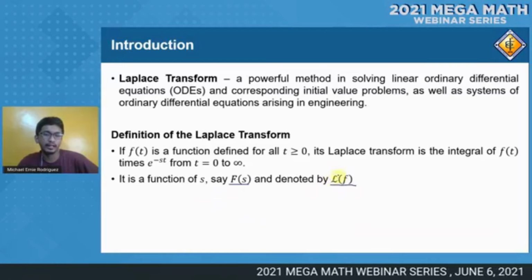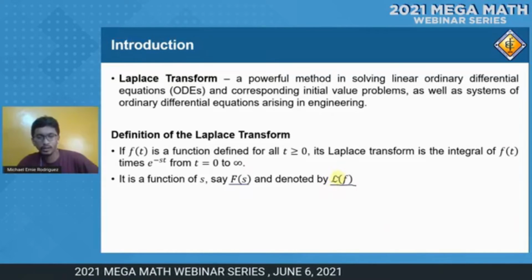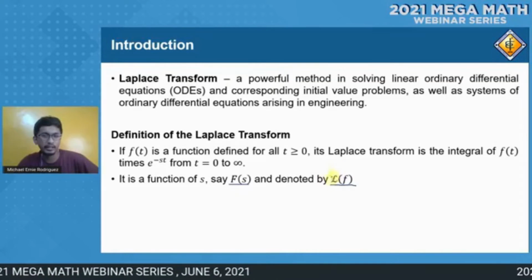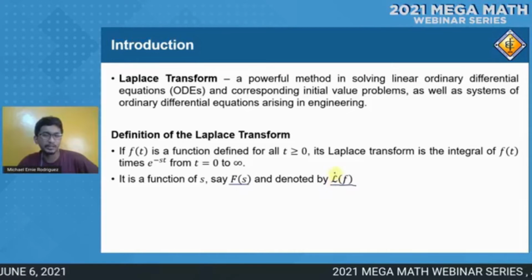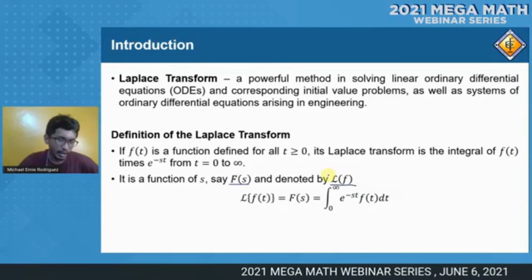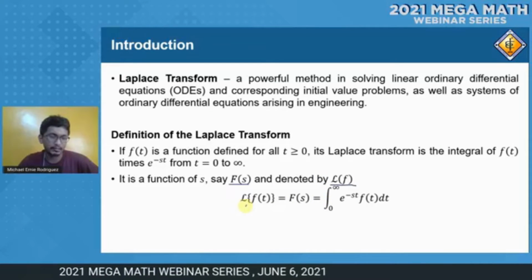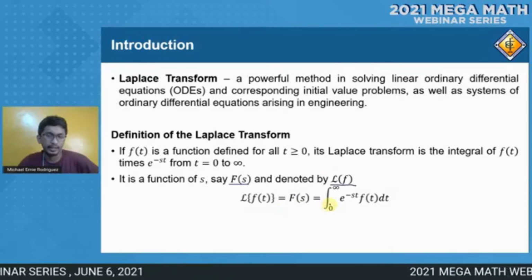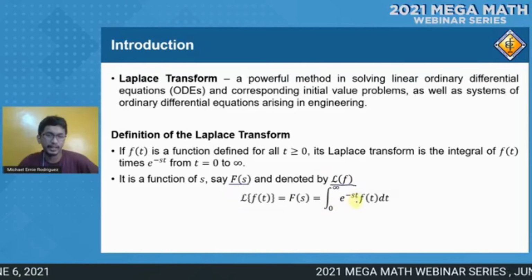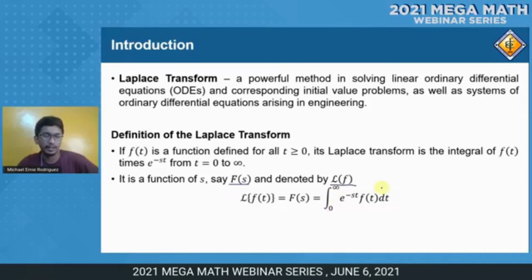Itong nandito na symbol, this is the Laplace operator. Itong script ng letter L na to. So mathematically, the Laplace transform of f of t is F of s, that is the integral of e raised to negative st times f of t dt with limits from 0 to infinity.